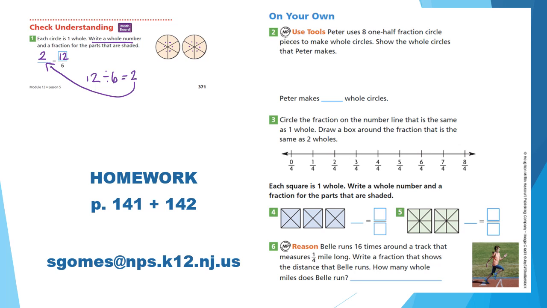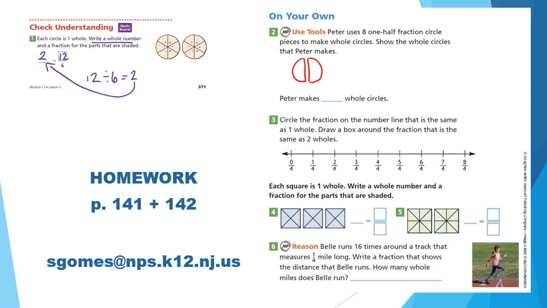Okay. Number 2 says, Peter uses 8 1/2 fraction circle pieces to make whole circles. Show the whole circles that Peter makes. So I know these, we have them in our math tools, and they look like this. So I'm going to make 8 1/2 fraction circles. So they look something like this.